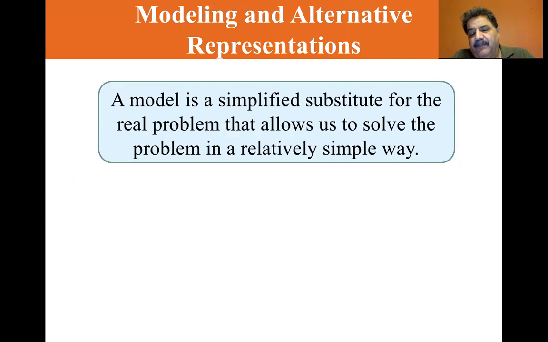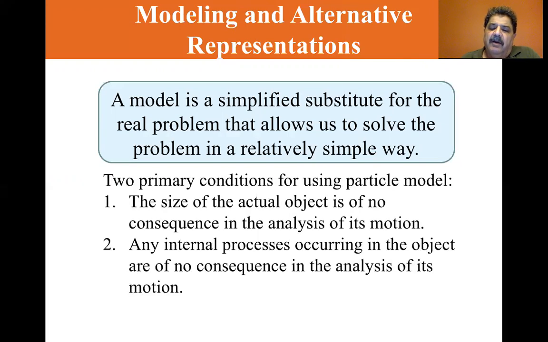Now, two primary conditions for using a particular model are these: number one, the size of the actual object is of no consequence in the analysis of its motion, and number two, any internal processes occurring in the object are of no consequence in the analysis of its motion.